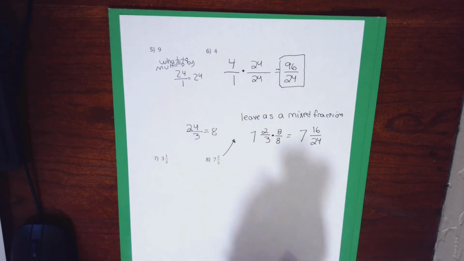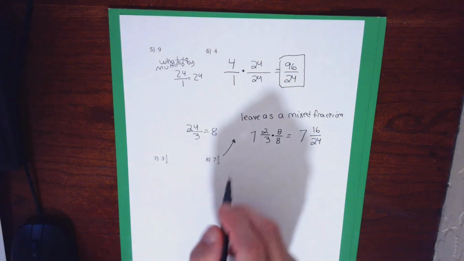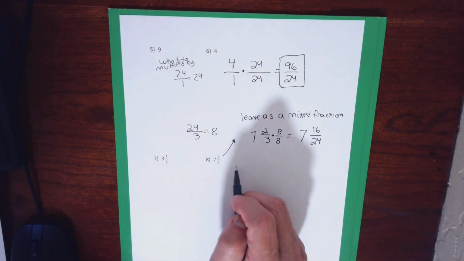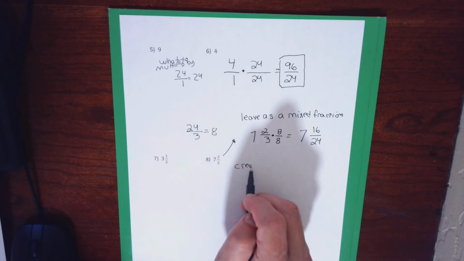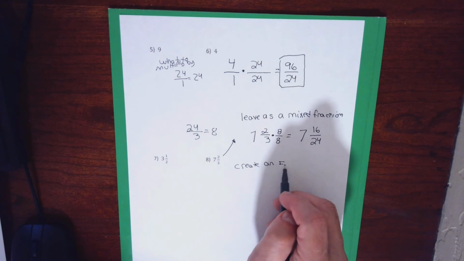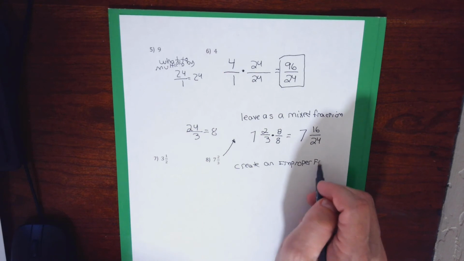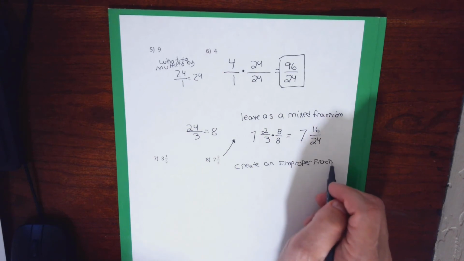The alternative would be to make this mixed fraction into an improper fraction. An improper fraction has a bigger numerator than denominator.